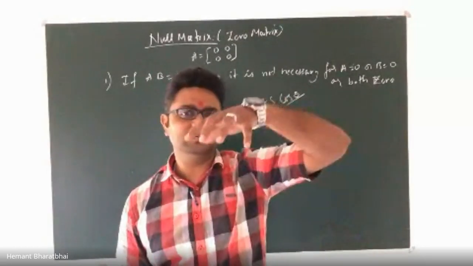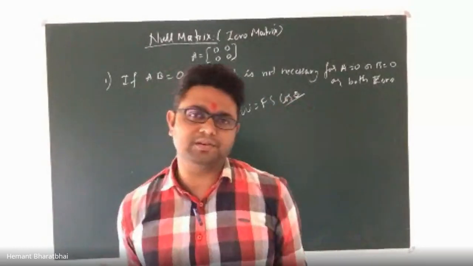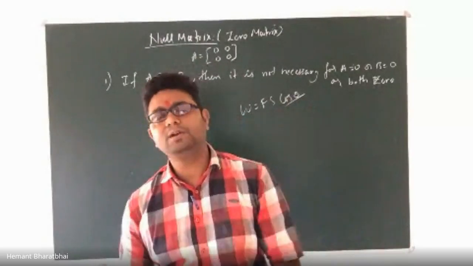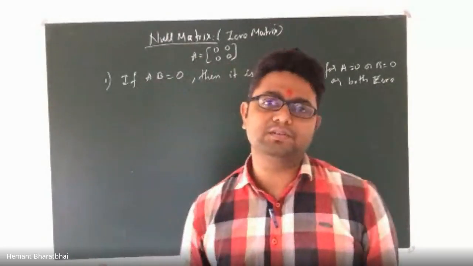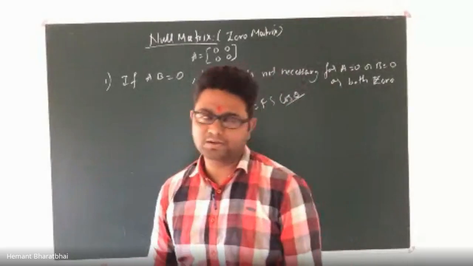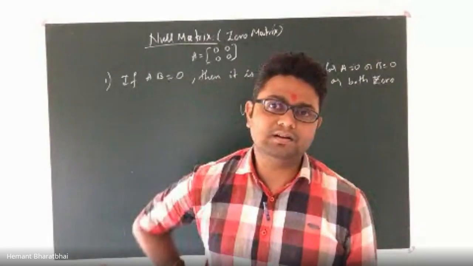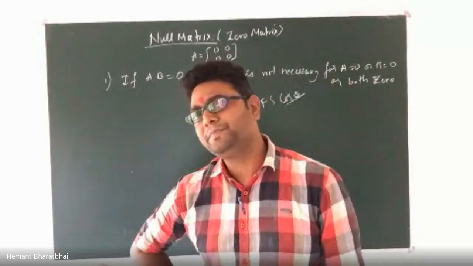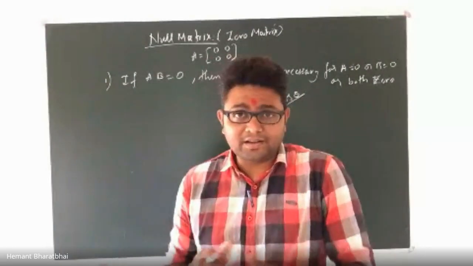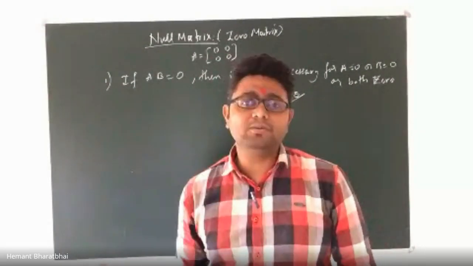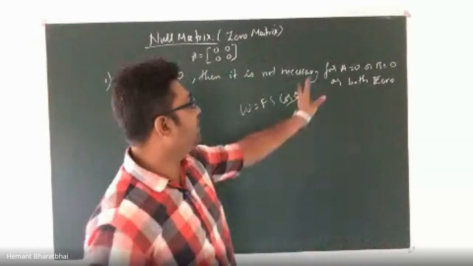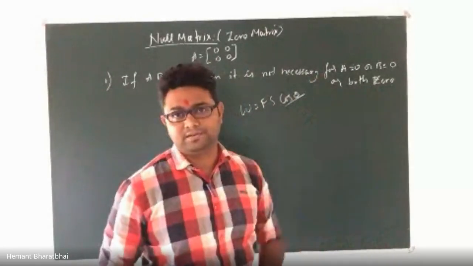But the motion is non-zero, which means displacement is non-zero. It is revolving only due to the gravitational force of the sun or the earth. Therefore, it's not necessary that if the product is 0, then one of them must be 0.